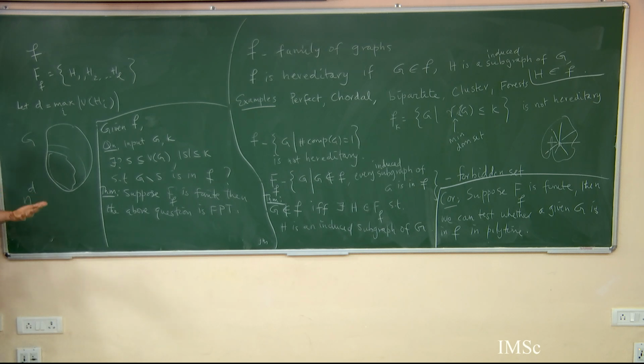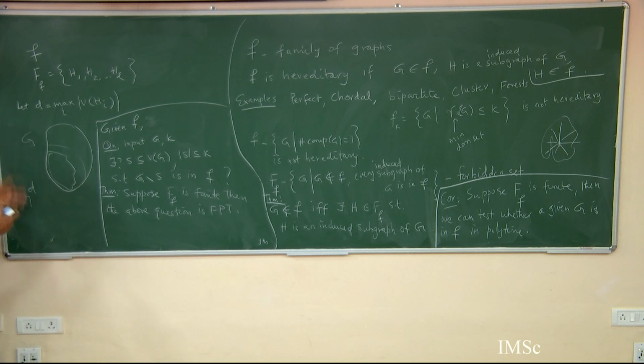If I find one of these forbidden subgraphs sitting inside G, then what do I do? I have to delete one of its vertices, so I branch. That gives me a d to the k algorithm, d-way branching because d is the maximum size.